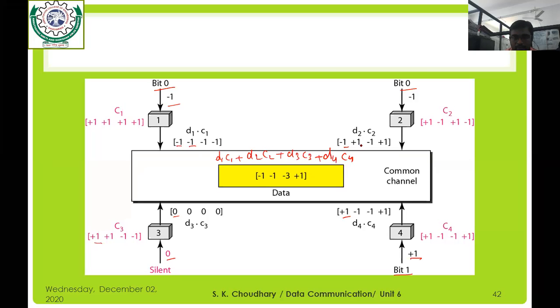Similarly, -1, +1, 0, -1, the remaining is -1. In the third position, -1, -1, and then -1, so it is -3. Similarly, at the last, the remaining is +1. In this way, the data is added and sent as combined data on the common channel.